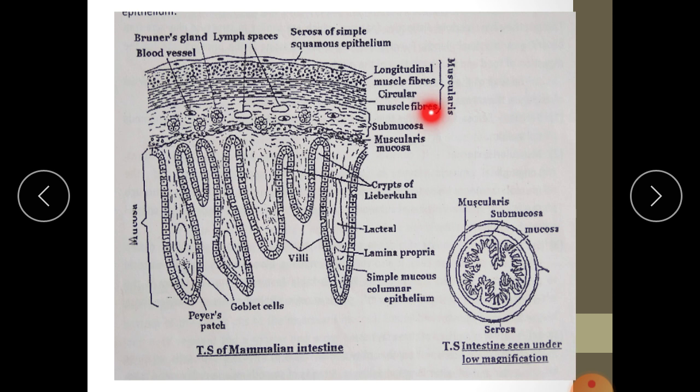The muscularis externa is having longitudinal smooth muscles. These are longitudinal smooth muscles. And next to this one is circular smooth muscles. So longitudinal outside, internally what are present? Circular muscles are present. Okay.